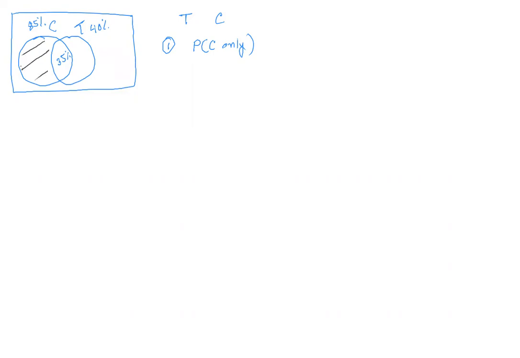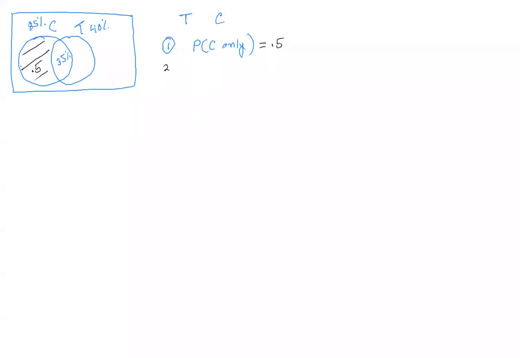And that would be what percent? 85% chance that somebody drinks coffee, 35% chance that a group would drink coffee and tea both. So 85% minus 35% is 50% or 0.5. Okay, so coffee only is 50%.